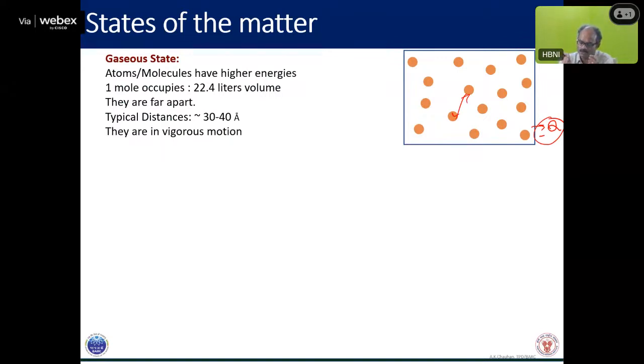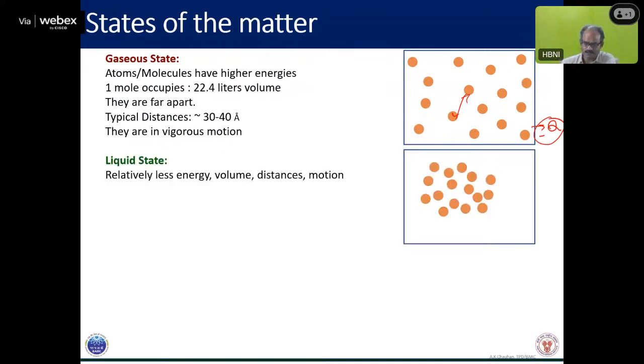The kinetic energy will reduce, and they will try to come close to each other. So in that case, they condense in the form of a liquid. If we come into liquid, these have relatively less energy and occupy less volume as compared to gas.